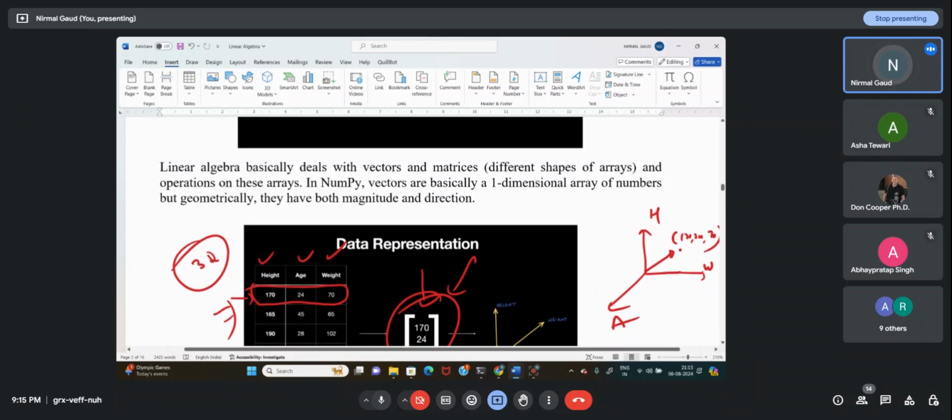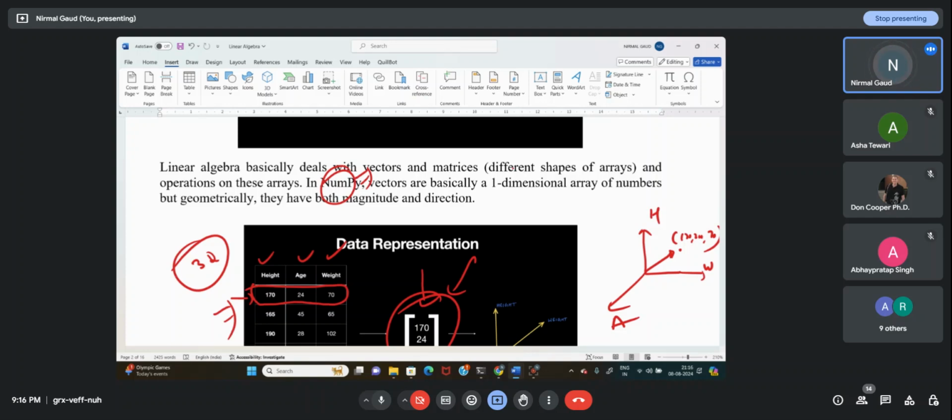Okay, so basically now we use NumPy as a library of Python, and NumPy is for multi-dimensional arrays. So that's the concept: you have to convert data into arrays before feeding it to the models.